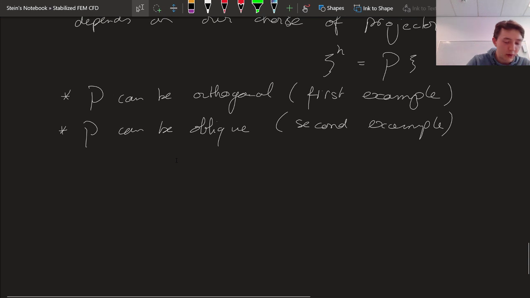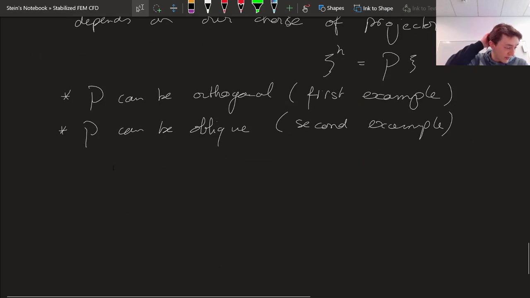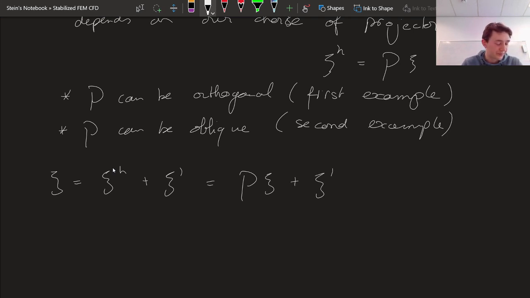Well, we can link the definition of V prime to the definition of P in the following way. First, we're going to say, well, after our choice of P, we have a well-defined and unique decomposition, psi as psi h plus psi prime, as the projection of psi plus, well, whatever remains.